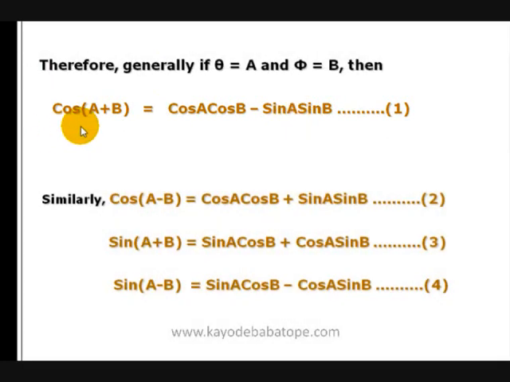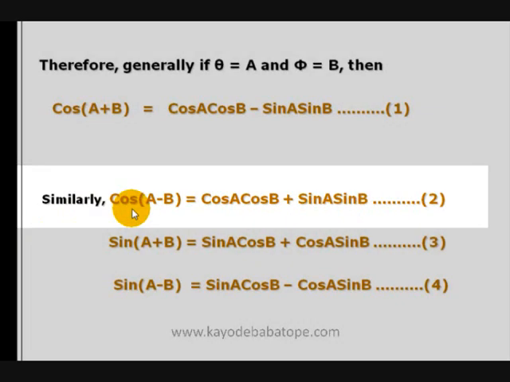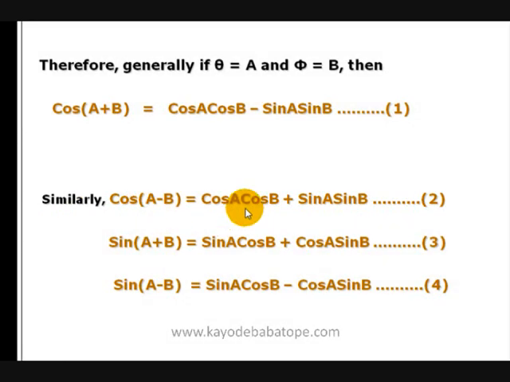That is, cos(A plus B) equals cos A cos B minus sin A sin B. Similarly, cos(A minus B), that is the cosine of a difference of two angles, is equal to the product of the cosines plus the product of the sines of the two angles. That is, cos(A minus B) is equal to cos A cos B plus sin A sin B.